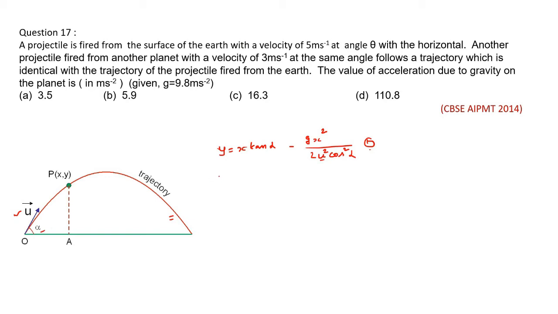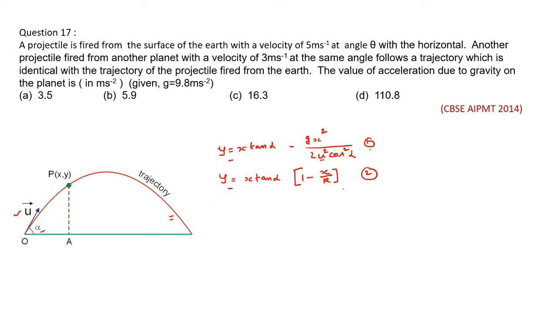There is one more equation for the trajectory, which is y is equal to x tan alpha into 1 minus x by R. These trajectory equations represent the trajectories of both the projectiles, one projected from the surface of the earth and the other one projected from the planet.